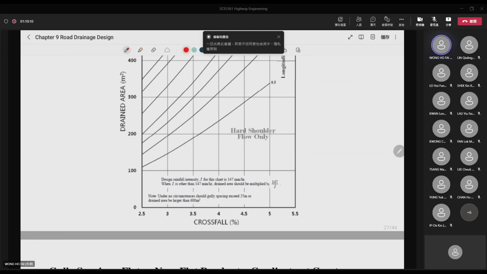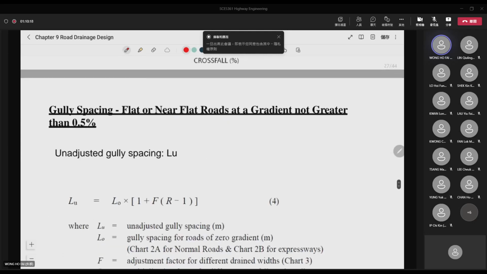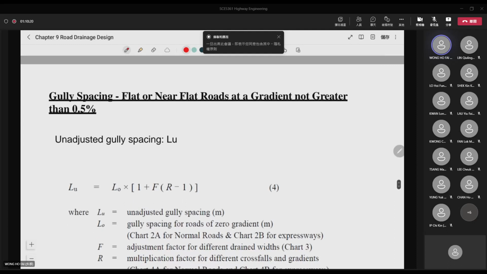If it is an expressway, of course it will have a hard shoulder, right? Then you use this graph instead. And then for here, for the gully spacing of flat or near flat roads, with a gradient not greater than 0.5%, you have another equation.